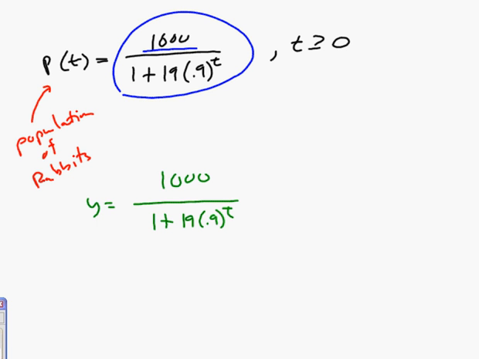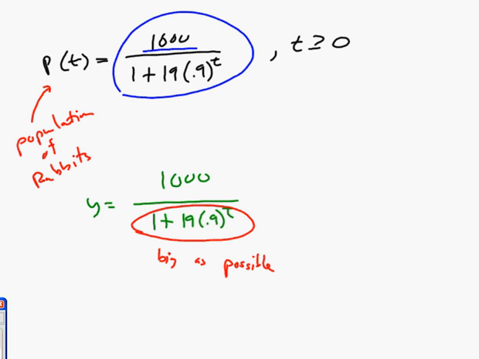If I want a whole fraction to be small, then basically that means let's get our denominator to be as big as possible. Right? Because if our denominator gets as big as possible, then I'd be doing 1,000 divided by the biggest possible number, which would give me the smallest answer. And that's what I'm trying to do here.